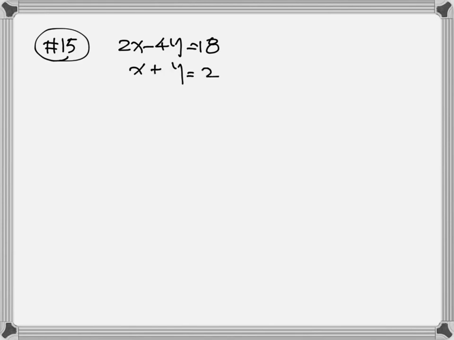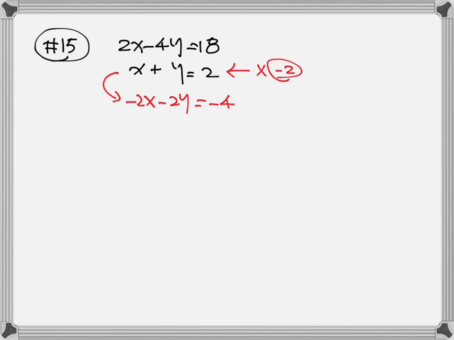Now we're going to use elimination, okay? Here we'll try to cancel. We can try to cancel either the x or the y, it doesn't matter, however you want. So here I try to cancel the x. If I want to cancel the x, I make this one into a negative 2. So I multiply negative 2 into this equation. The second equation becomes negative 2x minus 2y is equal to negative 4.